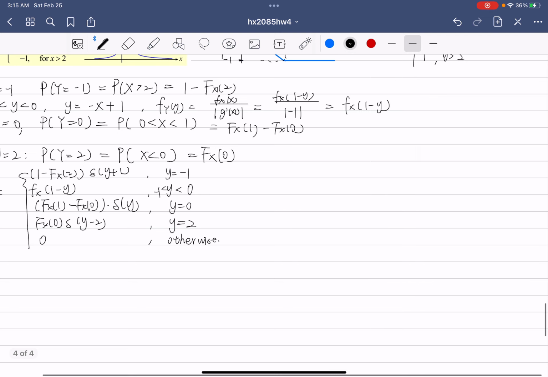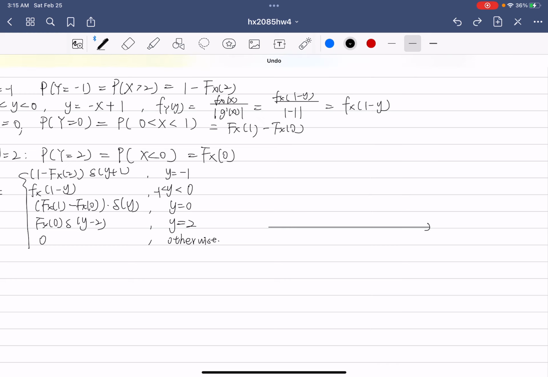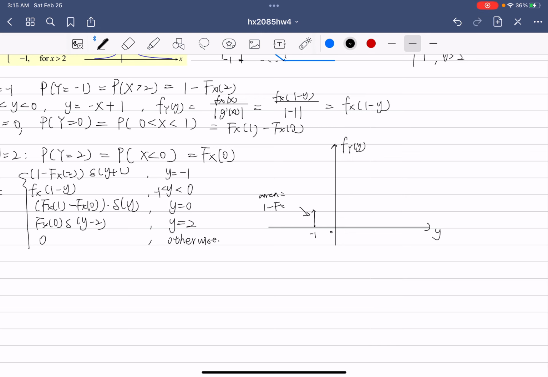You can draw it now. Let's see, the probability density function of y. When y is -1, this area will be 1 minus F_X(2).